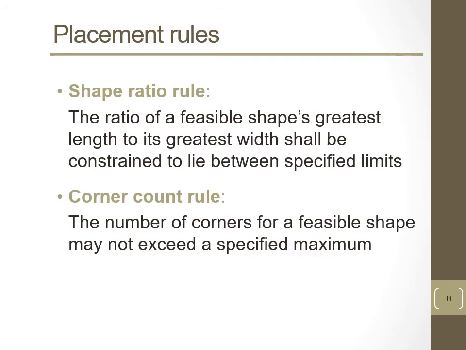So another rule can be the shape ratio rule. Maybe this is not a feasibility rule, but it is a realistic rule. And what does it say? It says that for the departments, in order to have a feasible shape, the ratio of the greatest length to its greatest width should be within specified limits. Let me give an example.